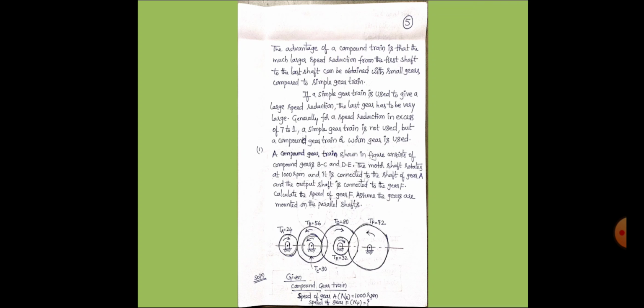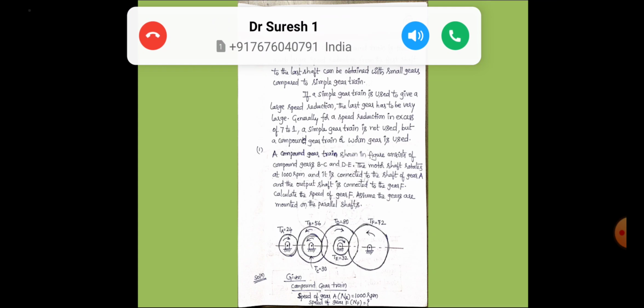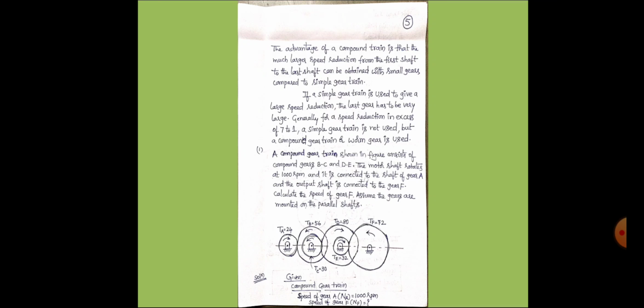Sorry, here you please correct it. Product of number of teeth on the drivens by product of number of teeth on the drivers. So that is NA by NF. Speed of the first driver is NA, speed of the last driven is NF.